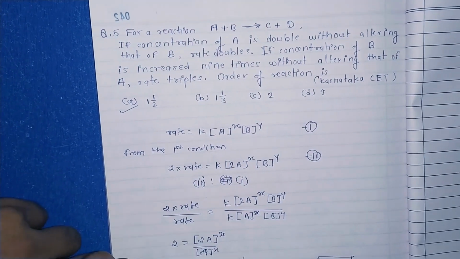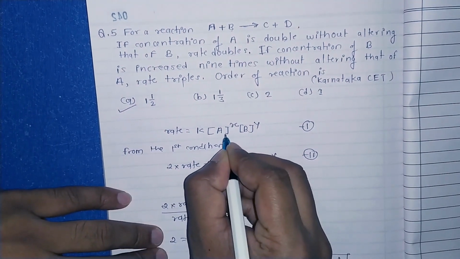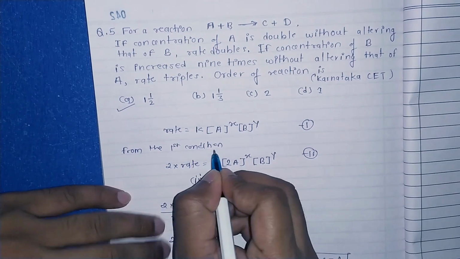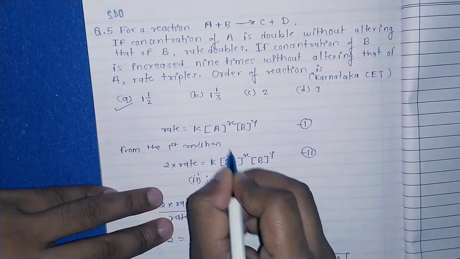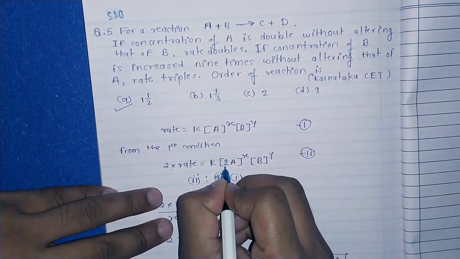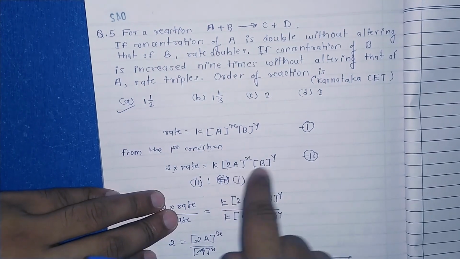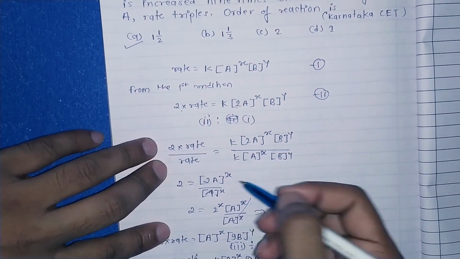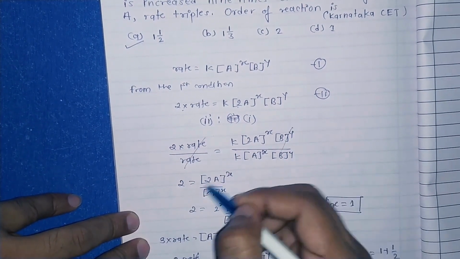Okay students, as we know the rate law, rate equals K, A to the power X, B to the power Y. From the first condition, the rate is doubled when the concentration of A is doubled. So compare equations 1 and 2 and we will get: look over here, the rate cancels out, K also cancels out.